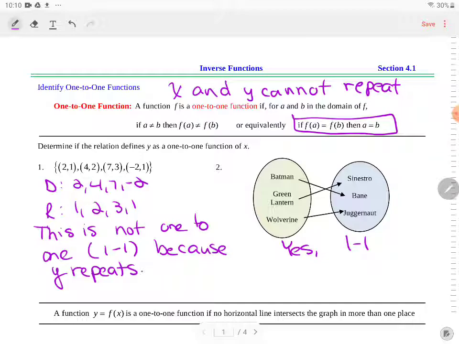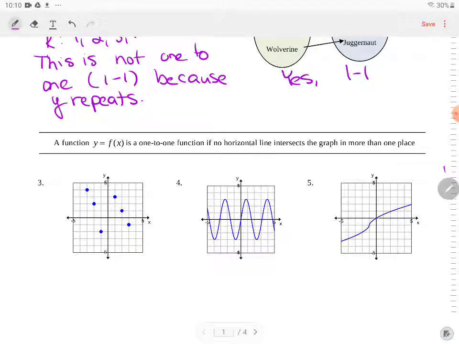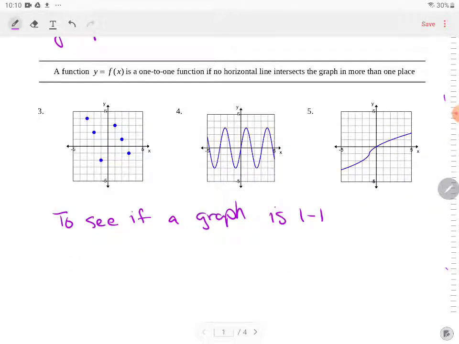Okay, for a graph, a function is one-to-one if it passes the horizontal line test. Now, in general, you have to check the vertical line test too. So to see if a graph is one-to-one, number 1, it must pass the vertical line test.